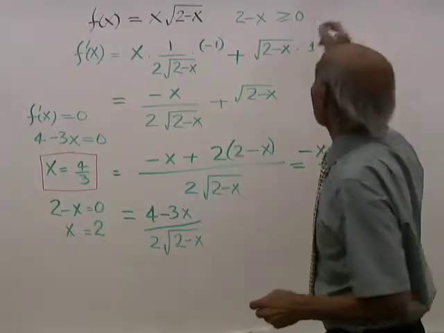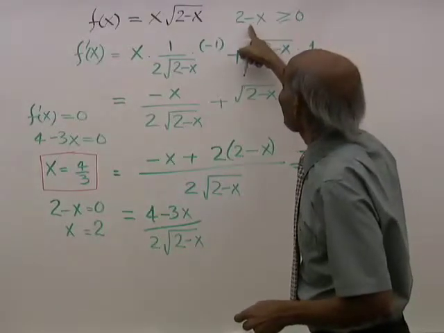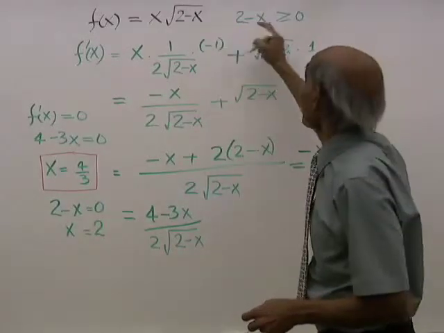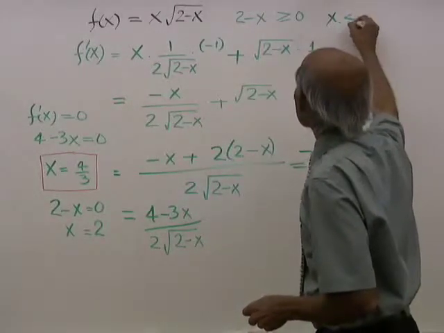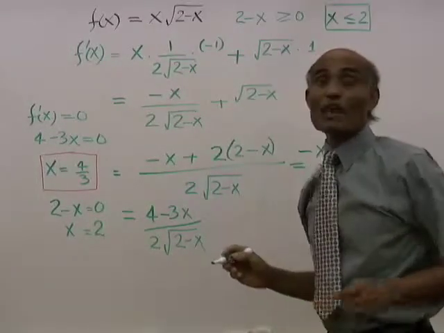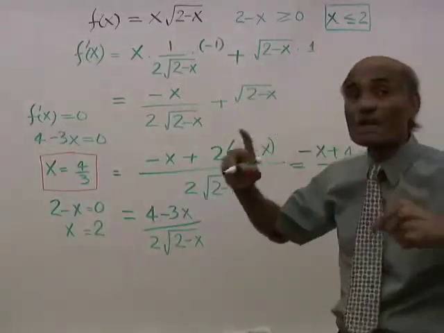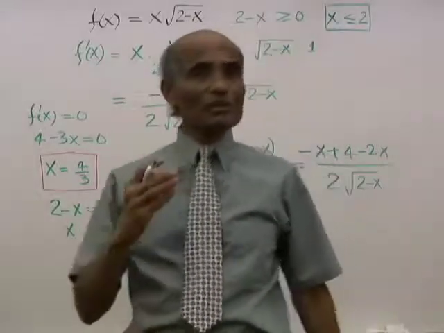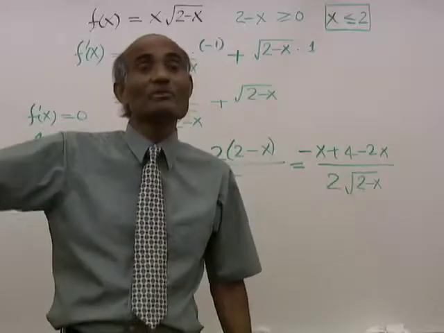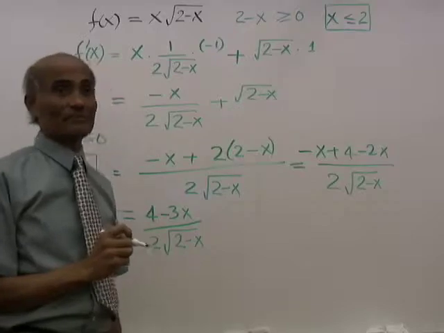This will happen when 2 is greater than or equal to x, or x is less than or equal to 2. So there are no x values in the domain of this function that are greater than 2. If you draw the graph of this function, there will be no output beyond x equal to 2.